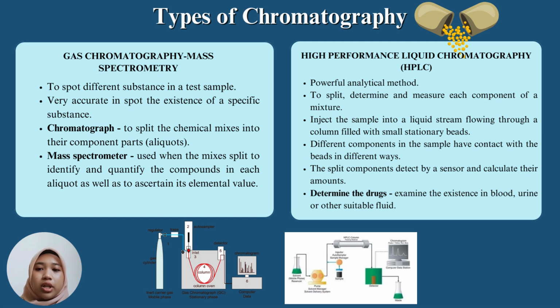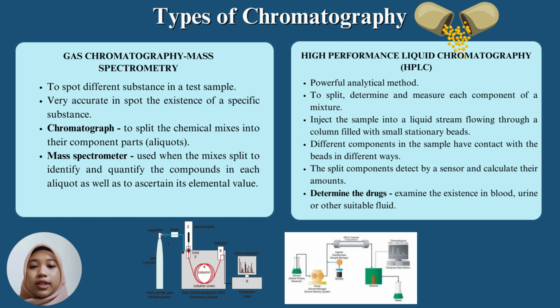For example, this chromatography is used in urine samples to identify the presence of certain substances for drug screen tests. You can look below on this slide. It is an example of how the process of gas chromatography works and looks.